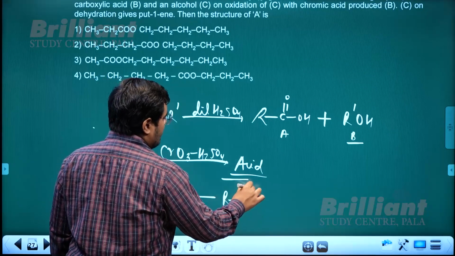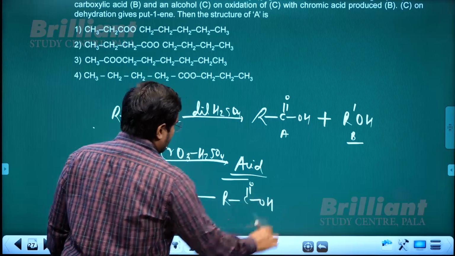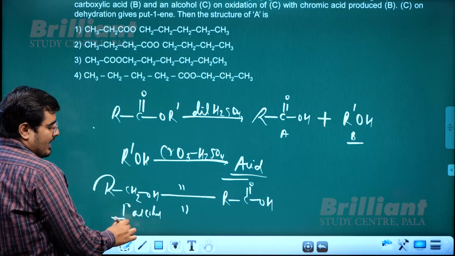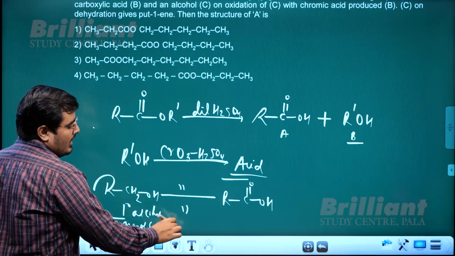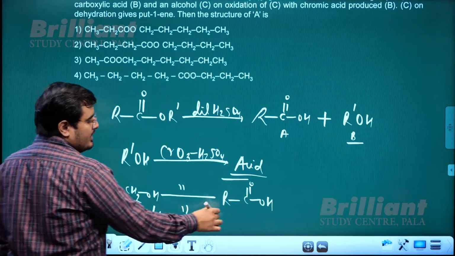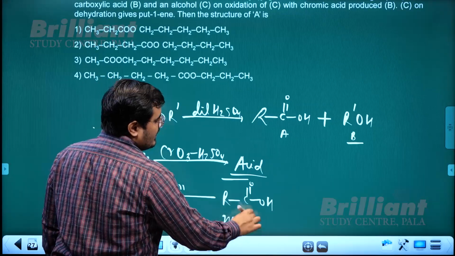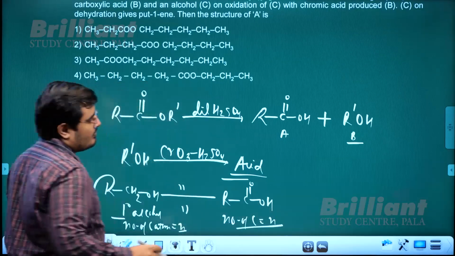So this will be RCOOH. That is, if the primary alcohol has N carbon atoms, then the acid also will have N carbon atoms.